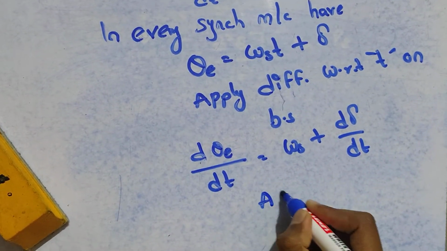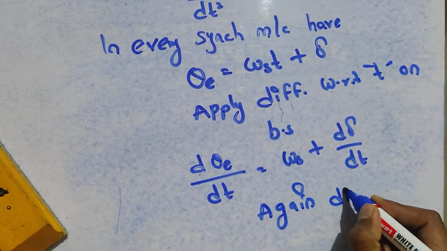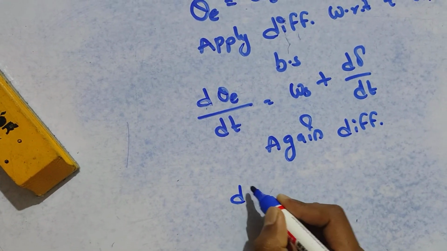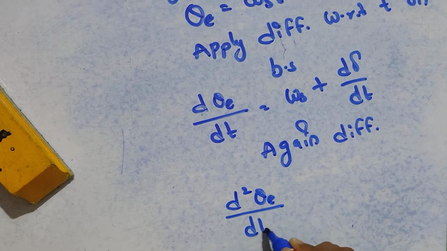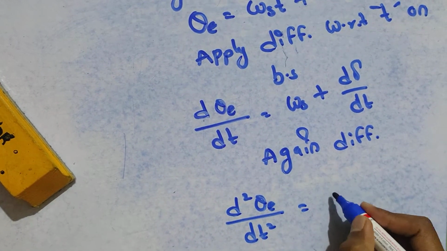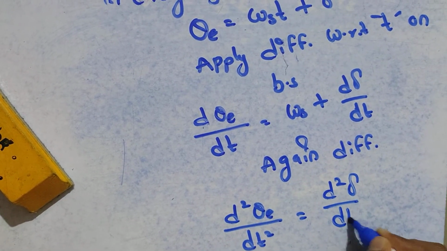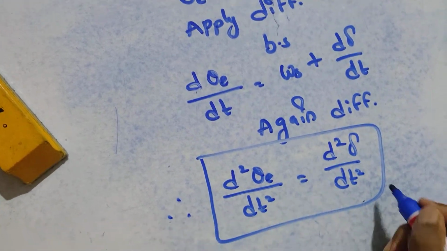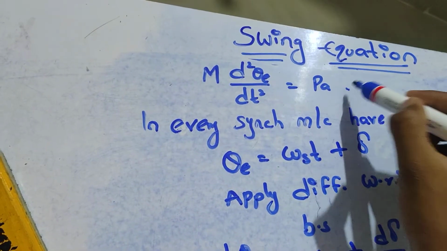Again differentiate, then d square theta electrical by dt square is equal to, since omega s is constant its differentiation is 0, d square delta by dt square. So finally this equation we have to substitute in the earlier equation.